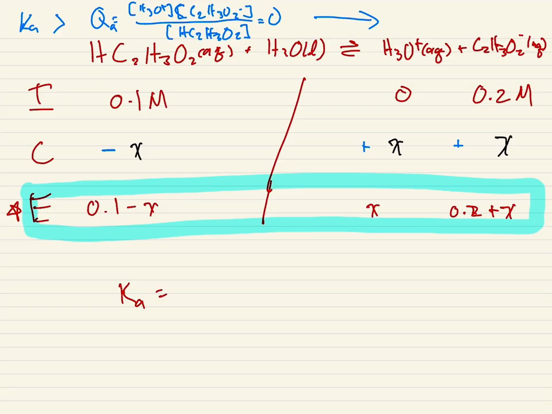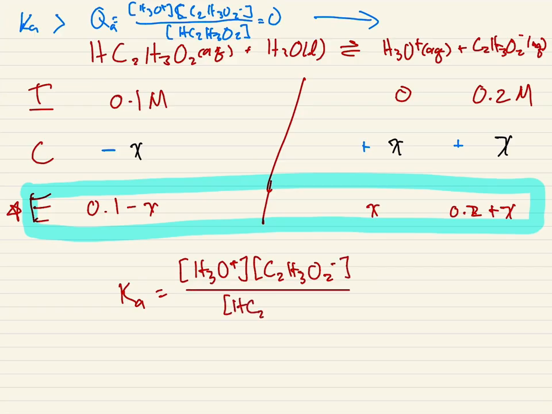Which is equal to the H3O plus equilibrium concentration times the C2H3O2 minus concentration over the HC2H3O2 concentration. Right?